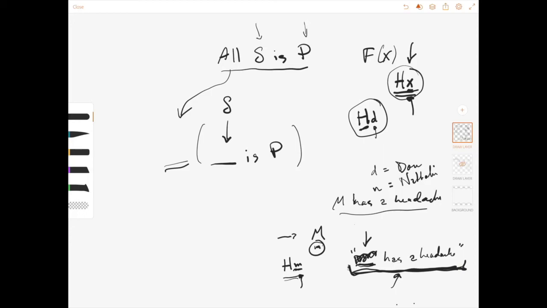Some things could not substitute in for x in this particular predicate because it would be nonsense. So, for instance, if I said that my keyboard has a headache, I might say that metaphorically, but it doesn't make any sense to say that as an actual literal claim about the world, because keyboards don't get headaches.